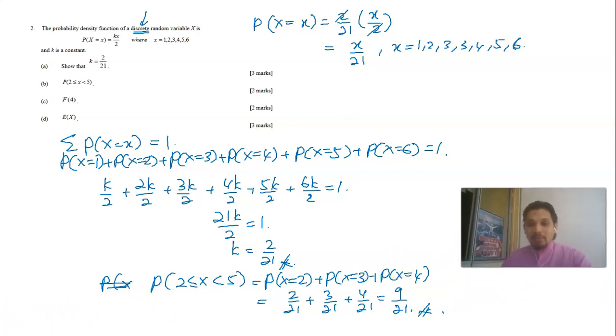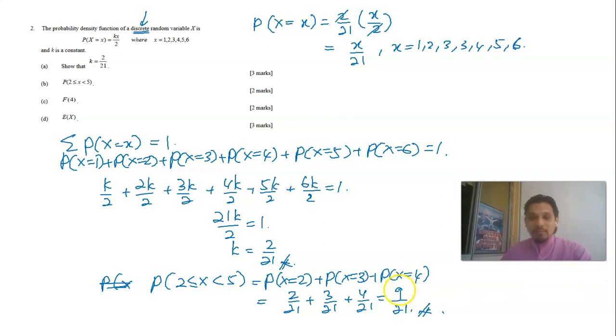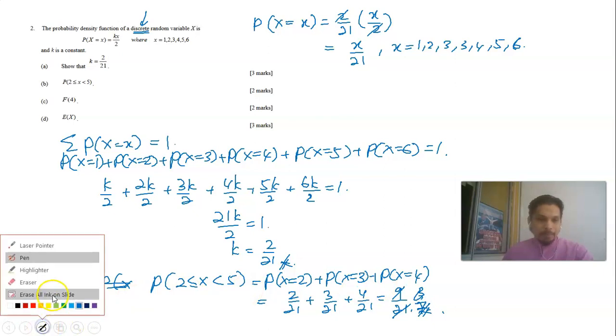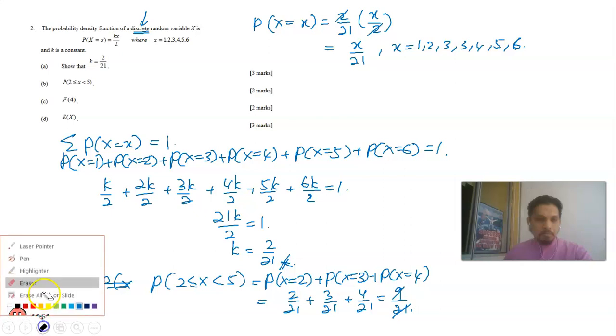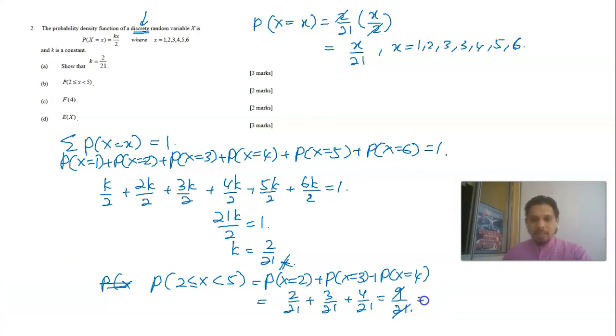Okay, I might have forgotten something here where we can simplify this, divide by 3 equals 3 and divide by 3 equals 7. Okay, 3 over 7.